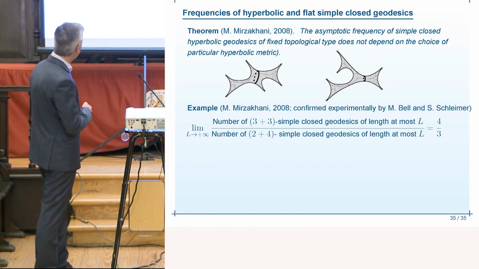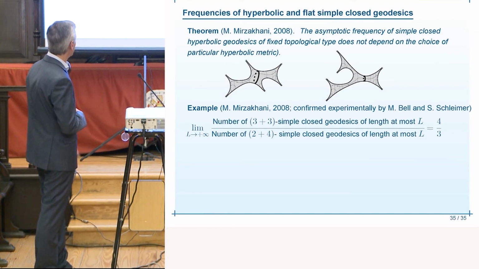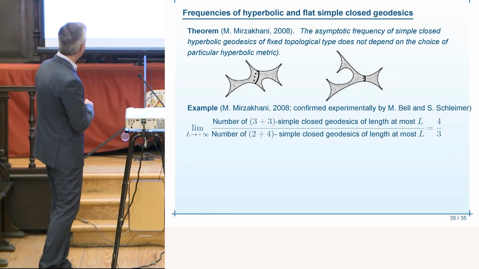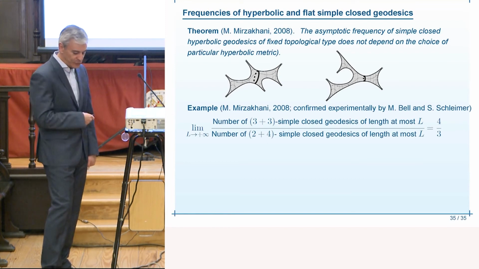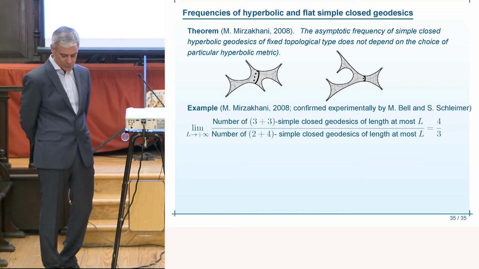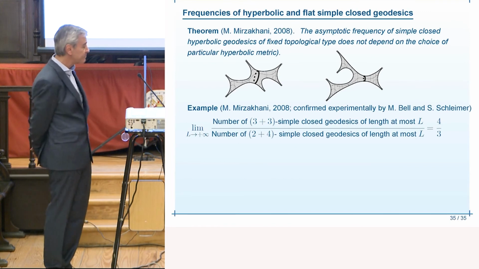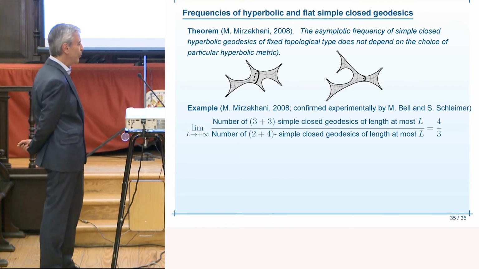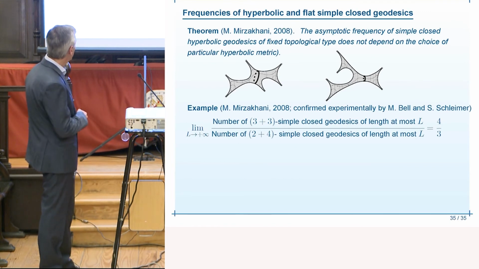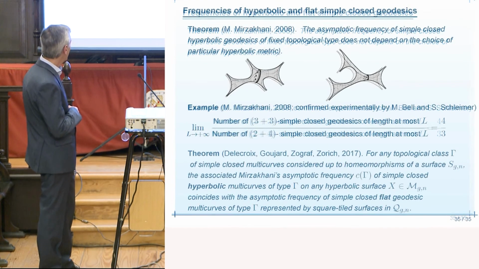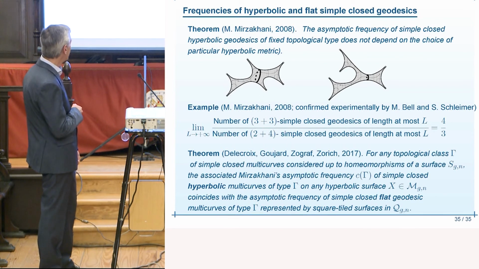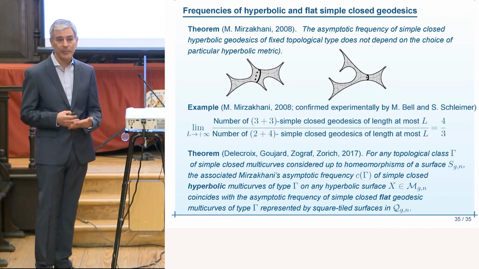She counted these types of simple closed geodesics separately. So you fix a hyperbolic surface X, you count this kind of simple closed hyperbolic geodesics of bounded length. You impose some bound for the length, and you divide one number by the other. Mirzakhani proved that this ratio does not depend on the hyperbolic metric.